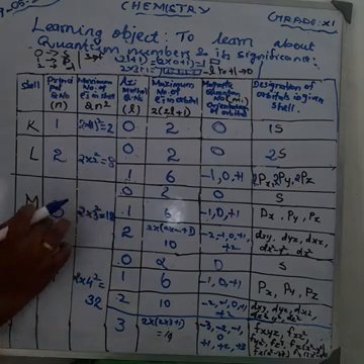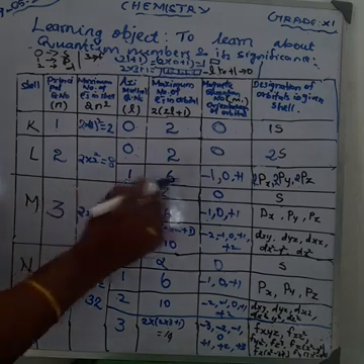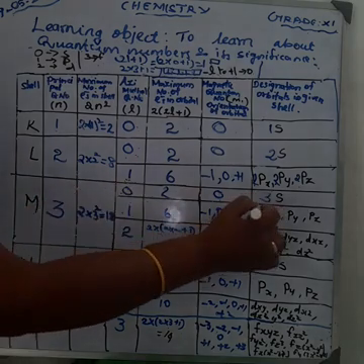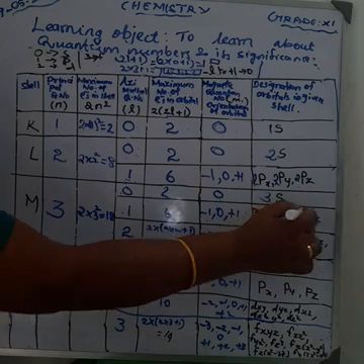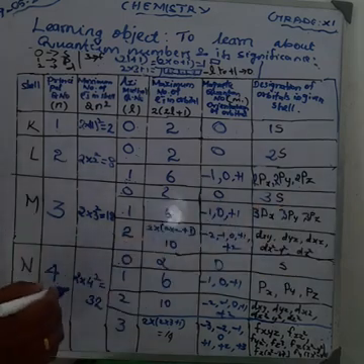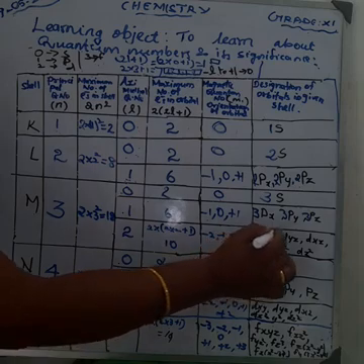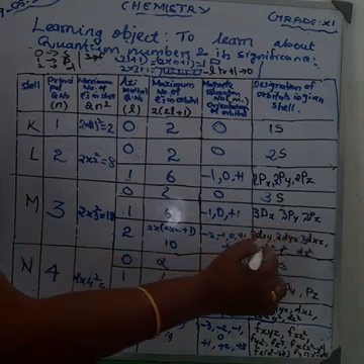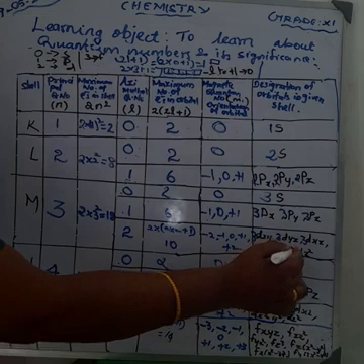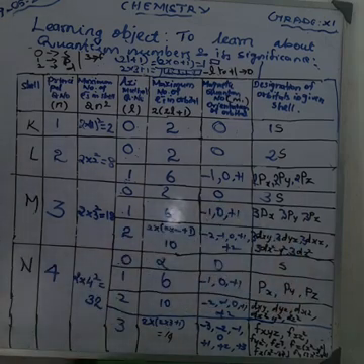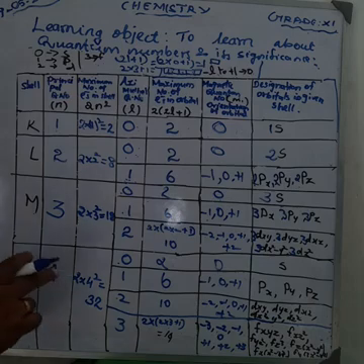Principal quantum number for the M shell is 3, n equal to 3. So 3s, 3px, 3py, 3pz, and 3dxy, 3dxz, 3dyz, 3d x square minus y square, and 3d z square.